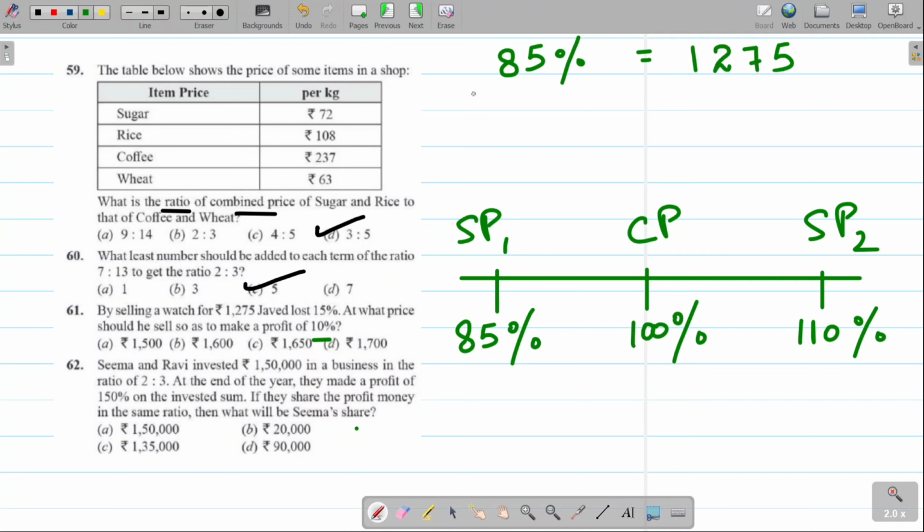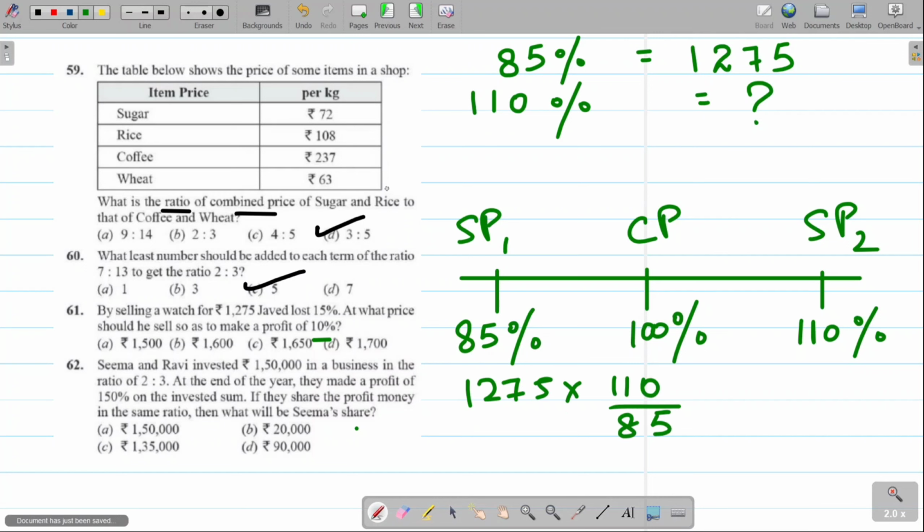And we are asked to find the 110% of this. I solved a similar kind of question in the first video as well. So what we will do is write 1275 into 110 by 85. Now we just need to divide by this 85.